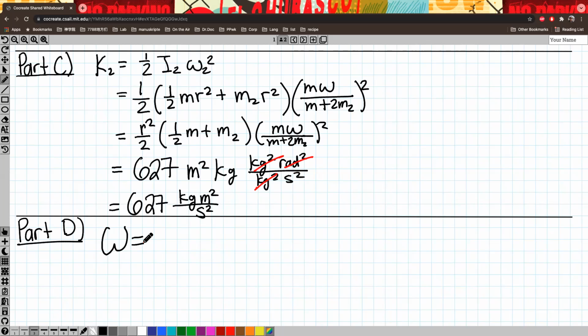Friction removes some of the kinetic energy.